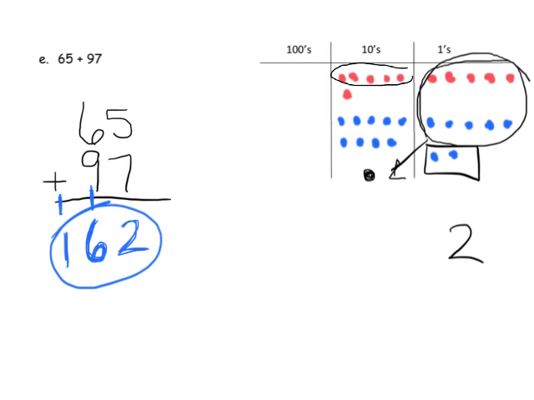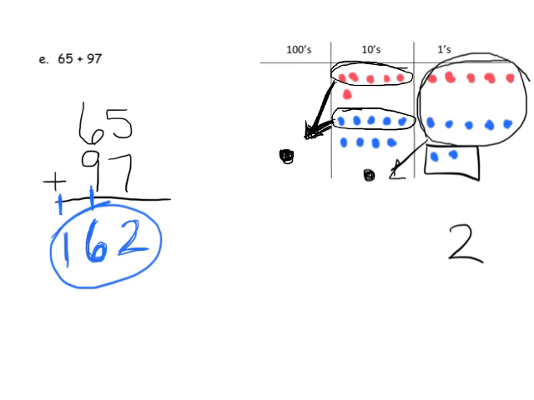I'm going to say these 5 plus these 5. This is not exactly the way EngageNY advocates doing it, but I just want to see students grouping things together in a way that makes sense. So 5 and 5 is 10. So we have 1 in the hundreds column.